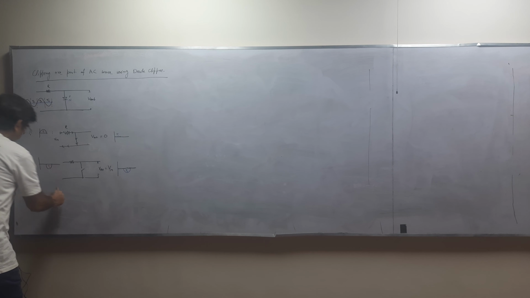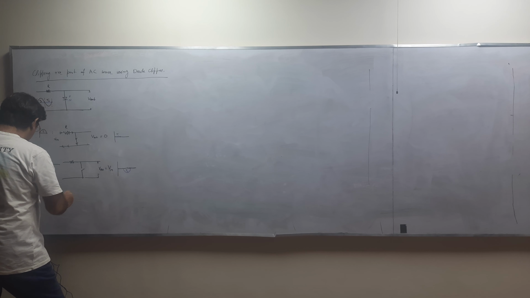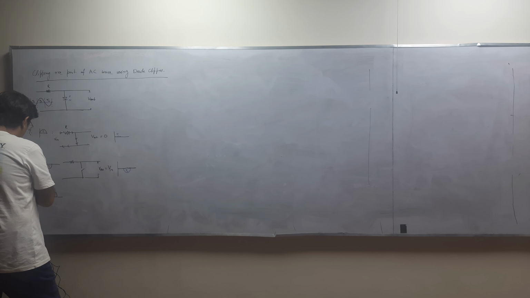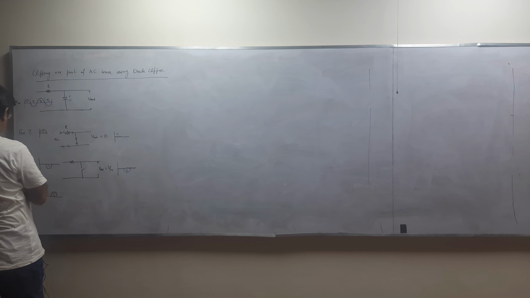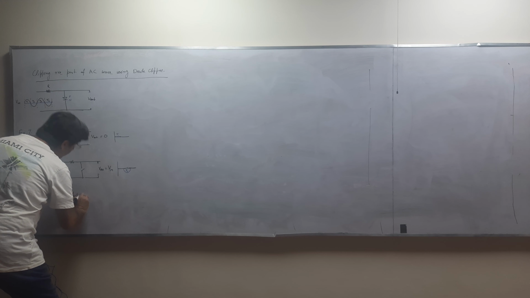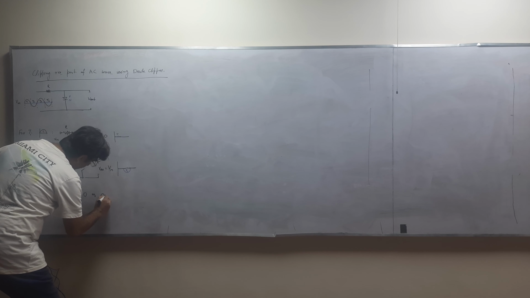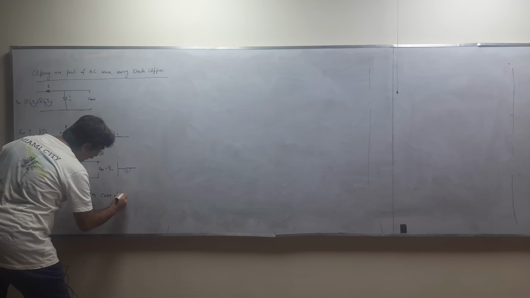And for T3, that will be again positive, so V out will be 0 as in the case of T1.